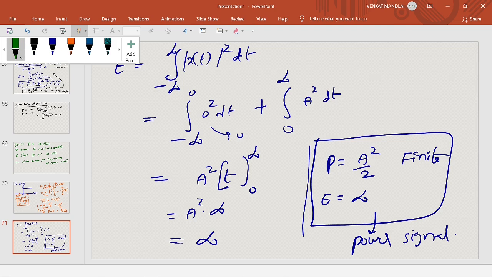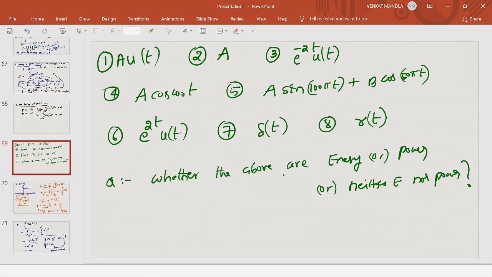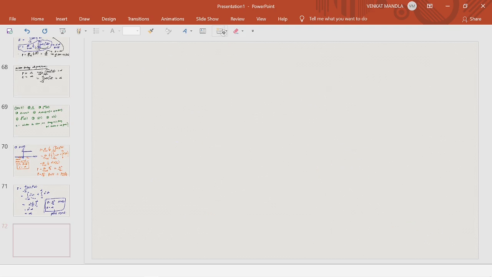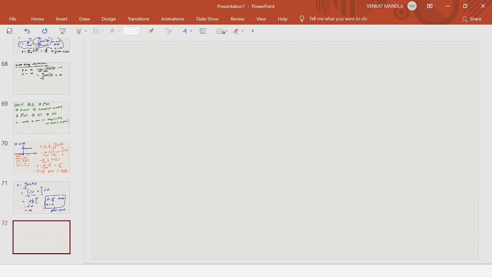And the next question is constant a. So how to represent constant a? It is constant throughout the time, minus infinity to plus infinity.